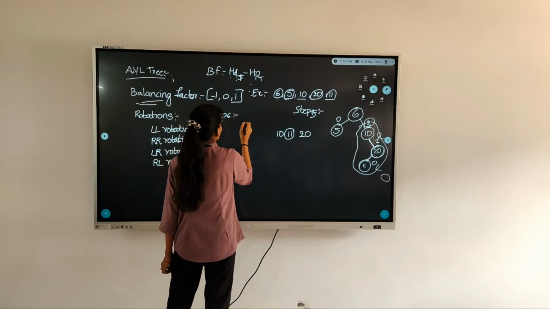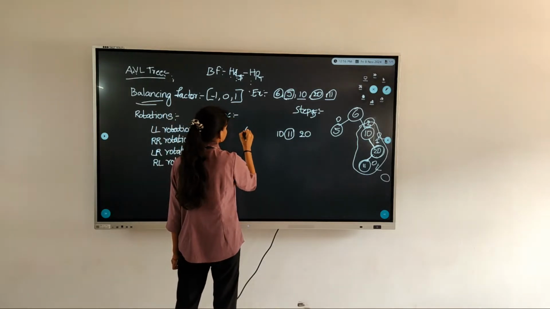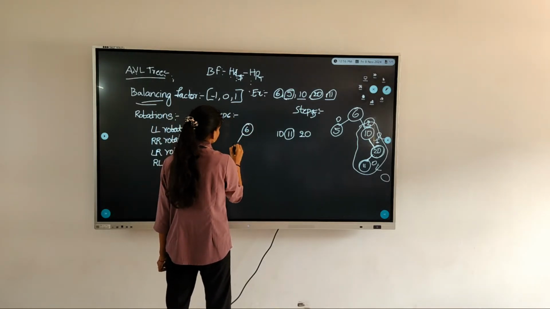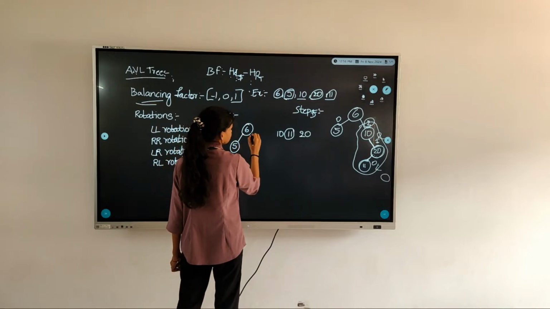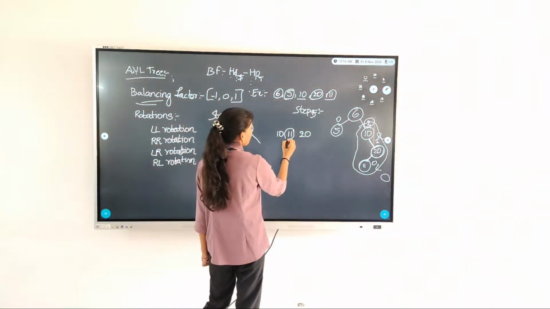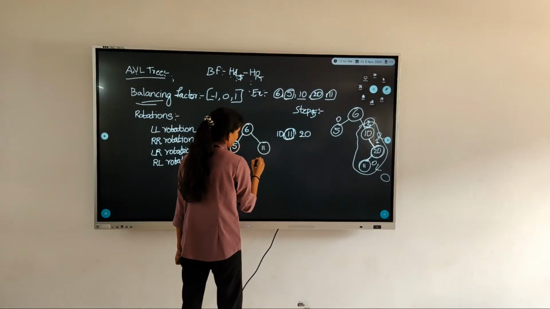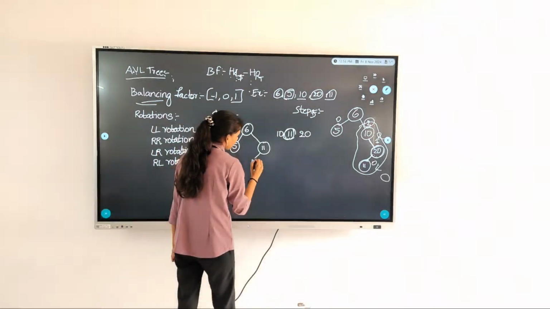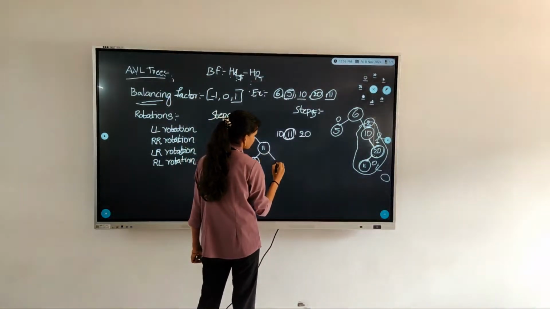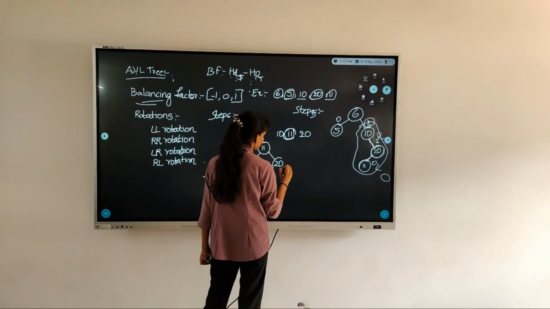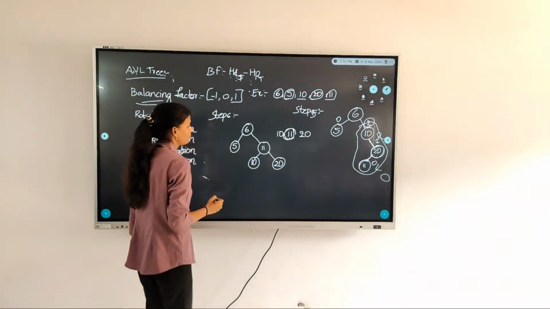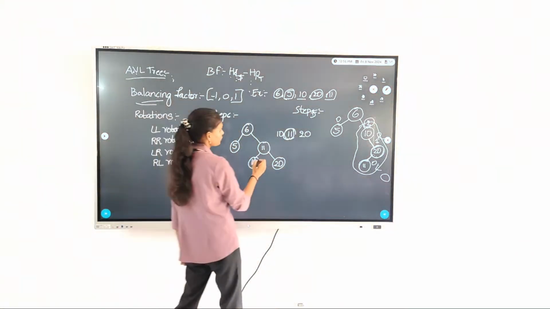Step 6. And here I already said 11 will become the root node, and 10 is less than 11, that's why it is on the left side, and 20 is bigger than 11, so it is on the right side. So it is the final tree.